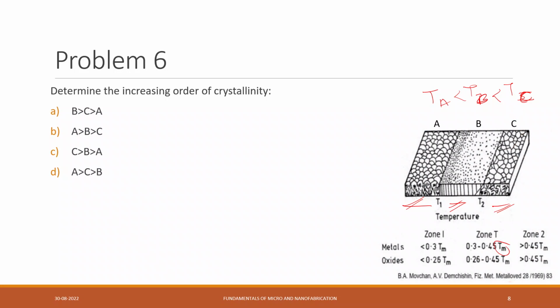So C would be the most crystalline one, then B, and then A. So A, B, and C. Which option is this? This one. Okay. Any doubts? You can ask.